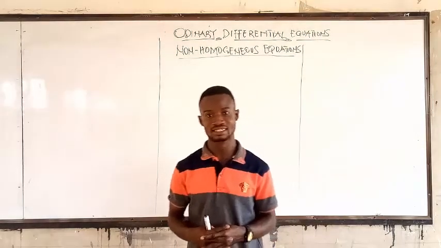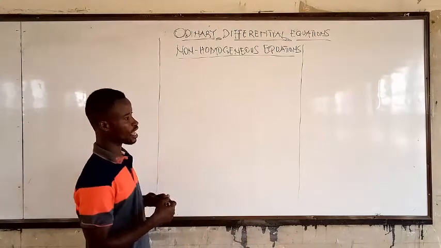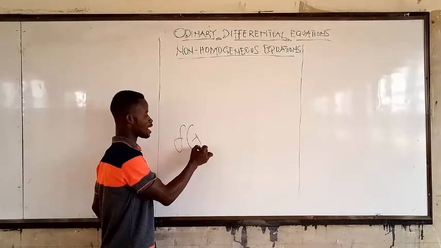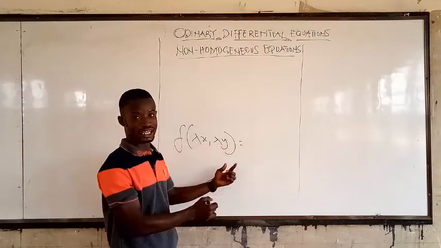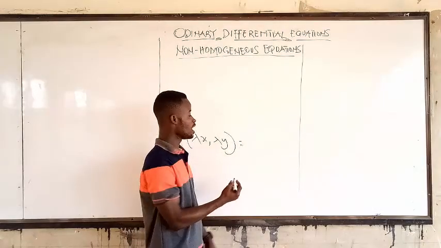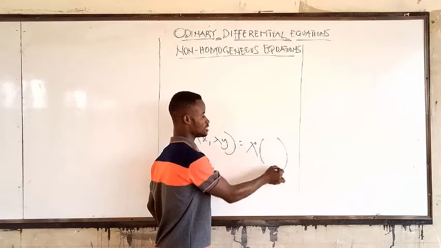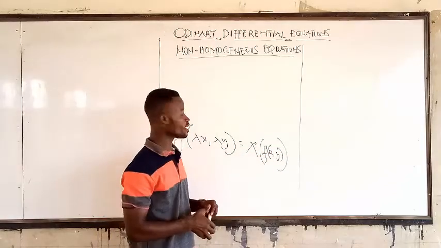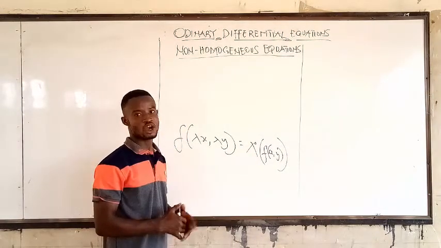And we said that a homogeneous differential equation is always in a form whereby when you substitute lambda x and lambda y, attach the lambda to the x and the y, and factor the lambda out, you get lambda raised to the power of 0, and you get the function in terms of x and y. When this happens, then we say that the differential equation is homogeneous.